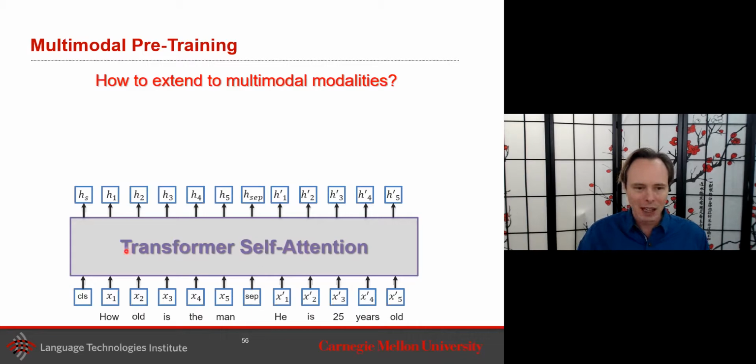What if it's not just language, but I also have an image? Say I have data that is not really unsupervised but paired, with captions and images, and I would like to learn a nice embedding.